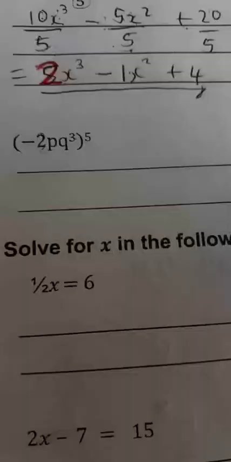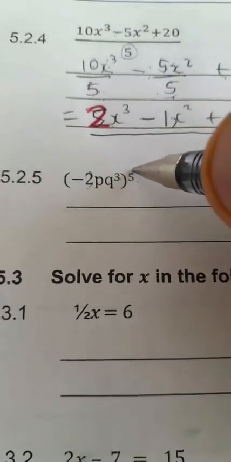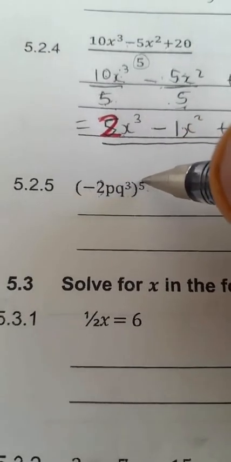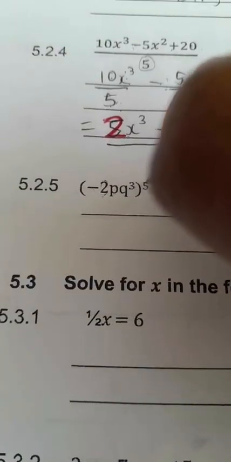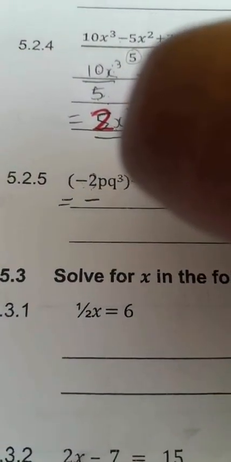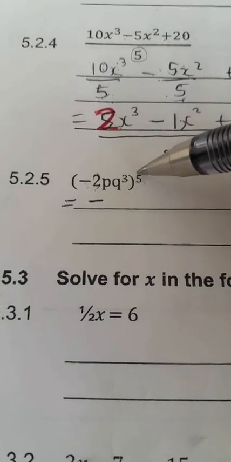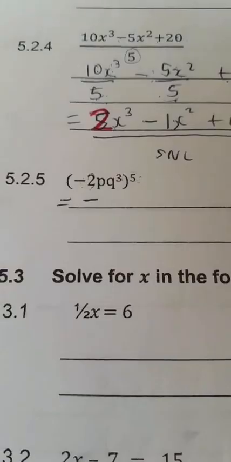There are laws behind what we do, right? So when you apply the power 5, here's another thing. Odd exponents do something to the negative sign. When you apply an odd exponent to a negative sign, it stays negative. But if the exponent outside our bracket was even, applying an even exponent to a negative sign changes the negative to a positive.